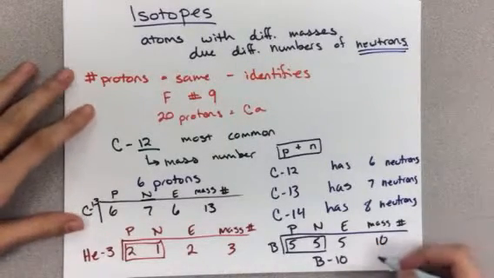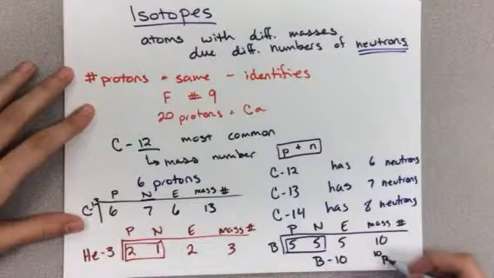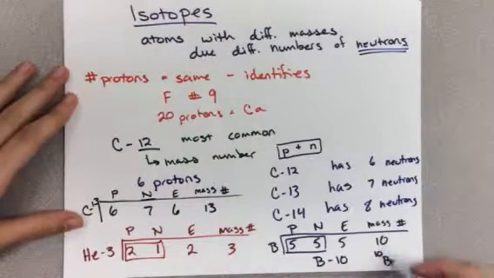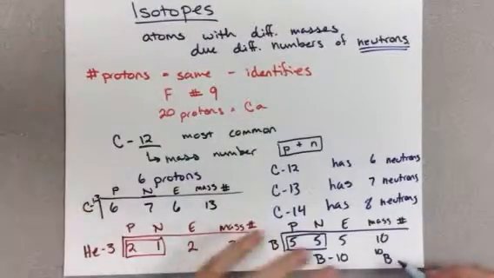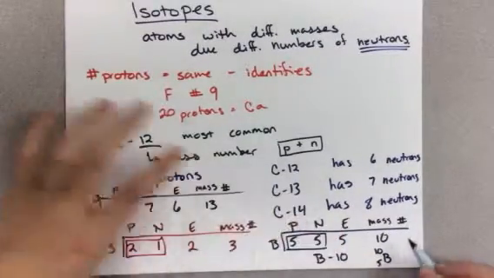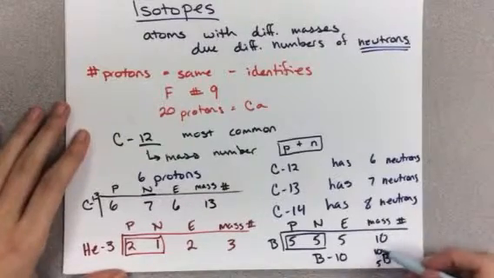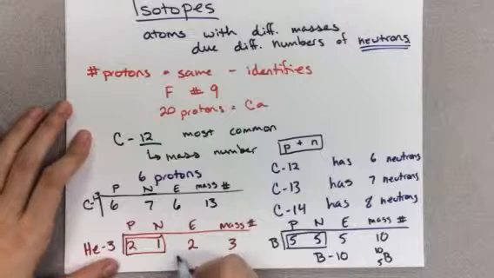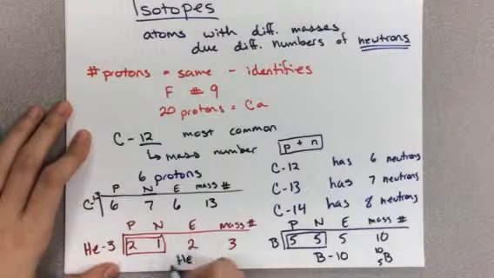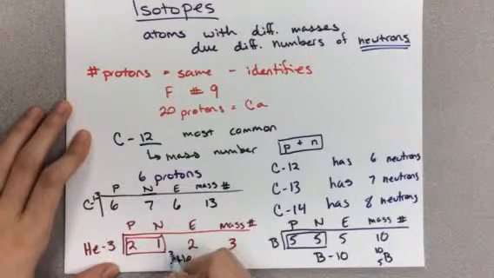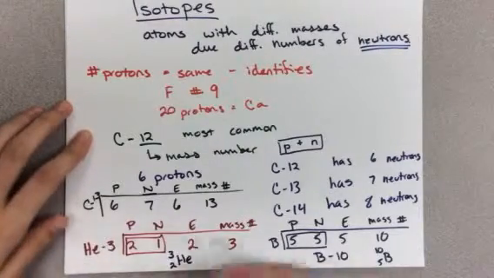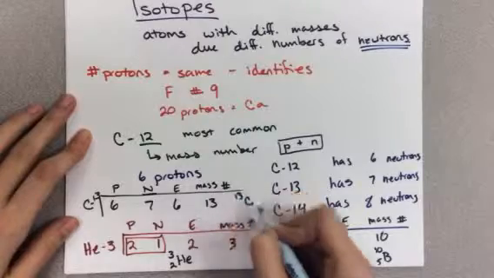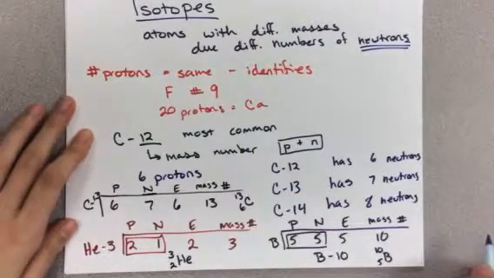Another way you might see this is 10 at the top with a B like this. And you do need to know this. In some cases, you might even see it with the 5 down here. That would be its atomic number, its mass number, and the symbol. For helium over here, helium with its atomic number 2 and its mass number 3. Carbon 13 would be carbon, 13 at the top, 6 at the bottom for its atomic number.